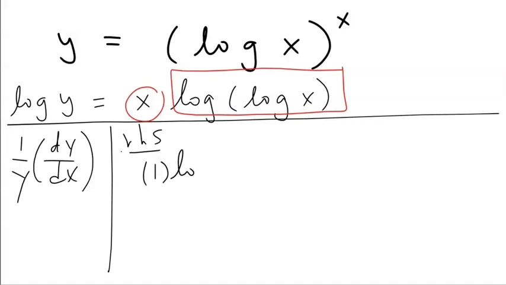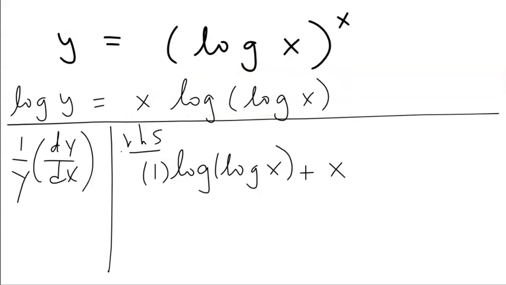And then you write the second function, just like we do in the usual product rule solution. And then you write the first function, which is x, and differentiate the second function with respect to x.